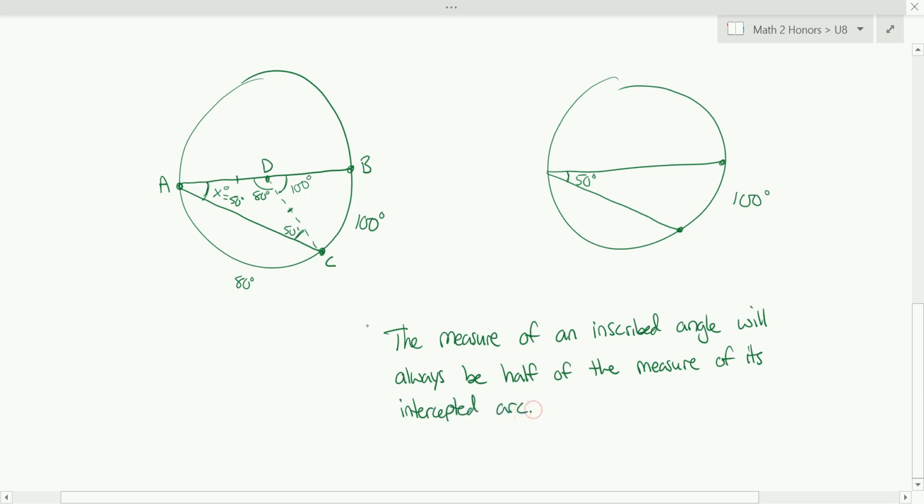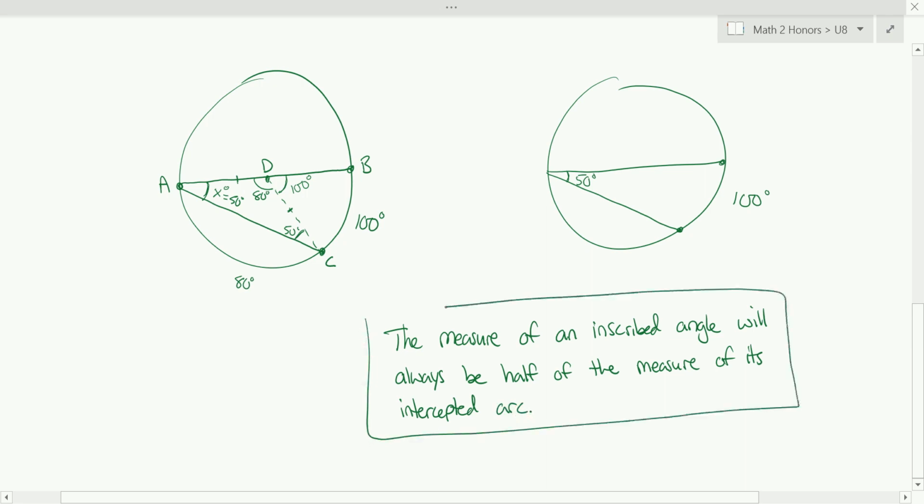And that is going to be the key thing that is going to build our whole notes here. Everything we're going to do is going to build right off of that. That the measure of an inscribed angle will always be half the measure of its intercepted arc.